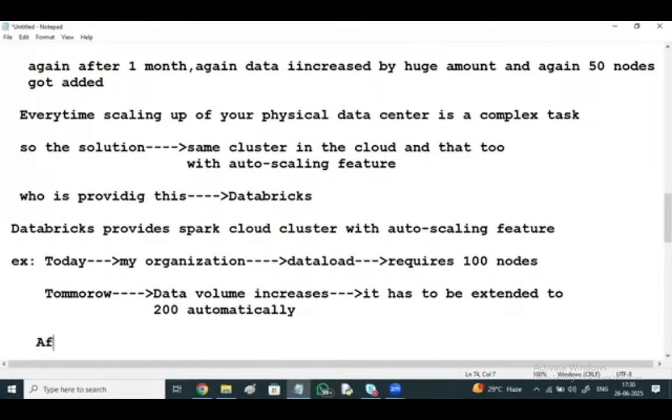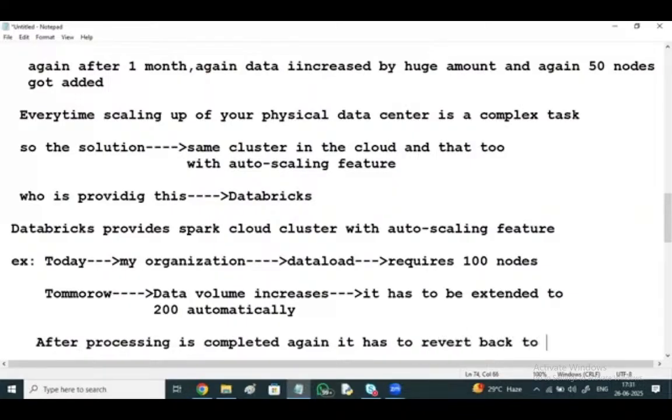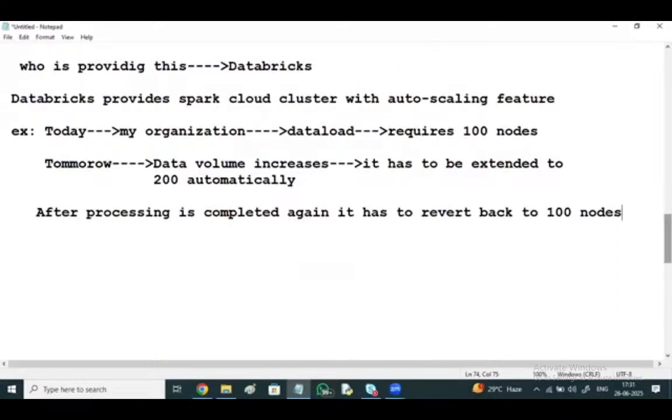After processing is completed, it has to revert back to 100 nodes. So auto scaling feature means your organization data load requires 100 nodes. Tomorrow data volume increases, it has to extend to 200 automatically. After processing is completed, again it has to revert back to 100 nodes.